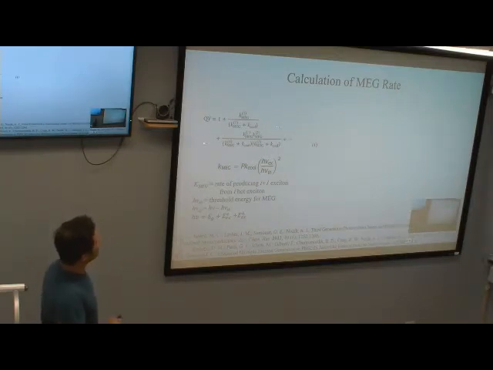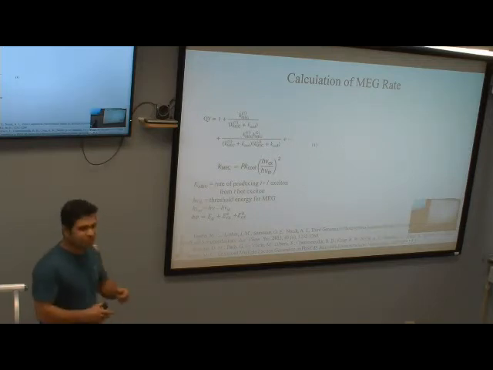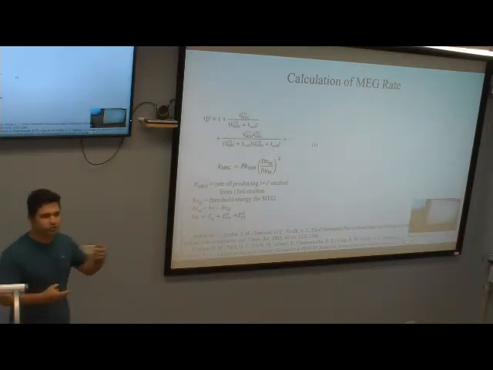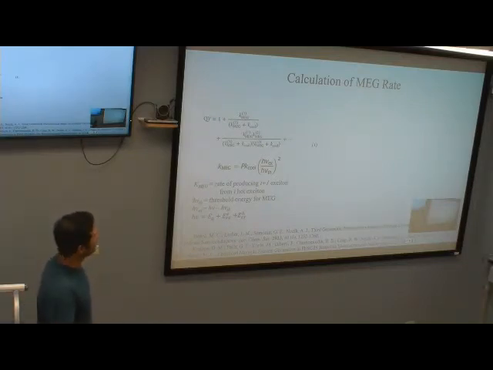So there are two processes: the rate of multi-exciton generation and the rate of the cooling process. The overall yield is a competition between the cooling rate and the multi-exciton generation process.